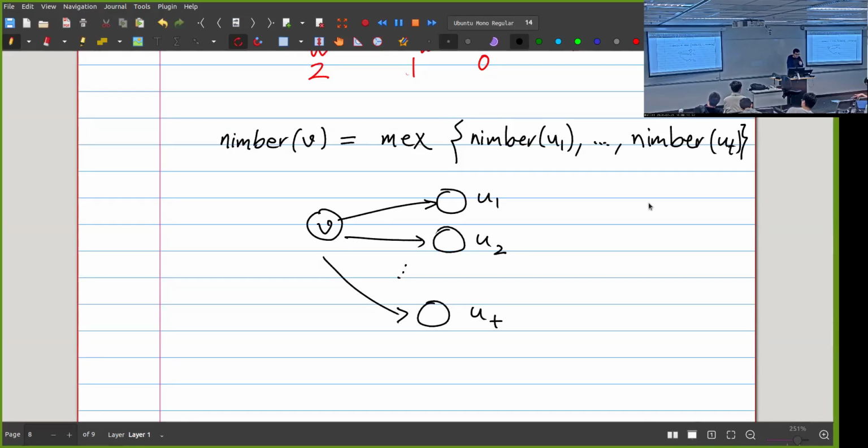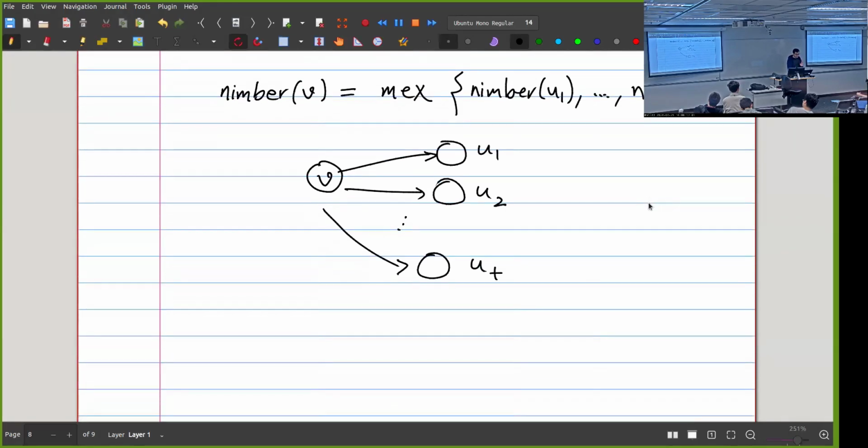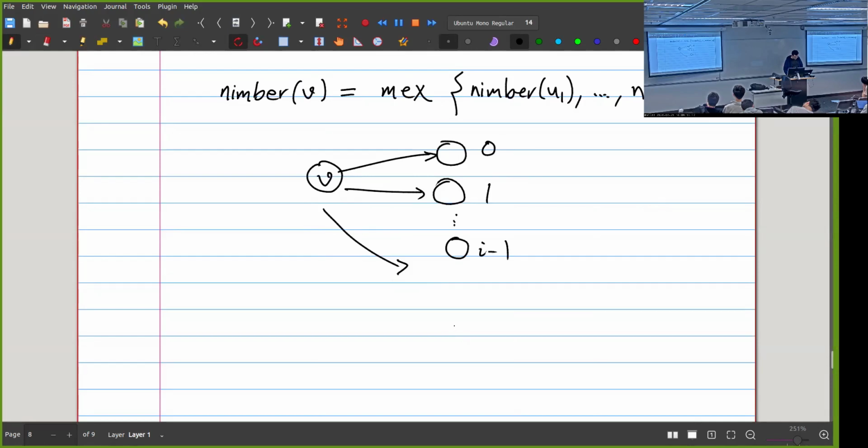But now I want to give you a little bit more explanation about why this makes sense. So let's say I have a bunch of numbers here, and let's say all the numbers from 0 to I minus 1 have appeared. So I have a number of 0, a number of 1, so on, and I have a number of I minus 1.